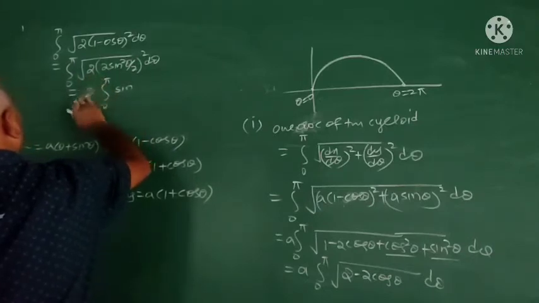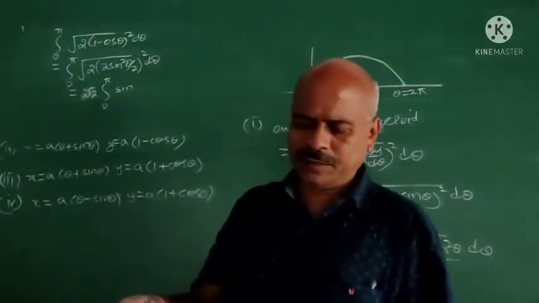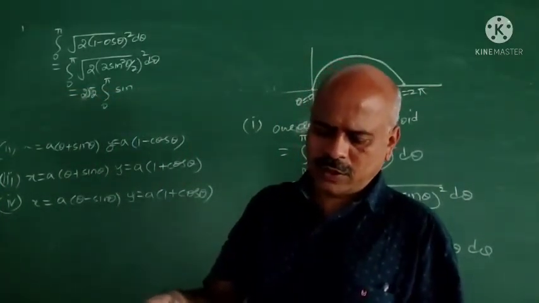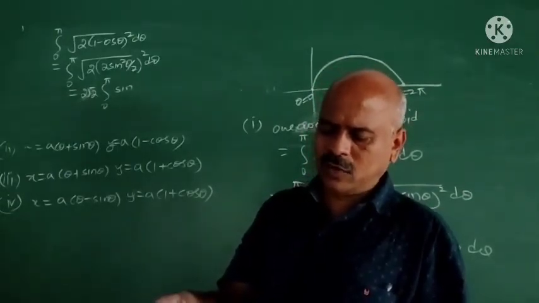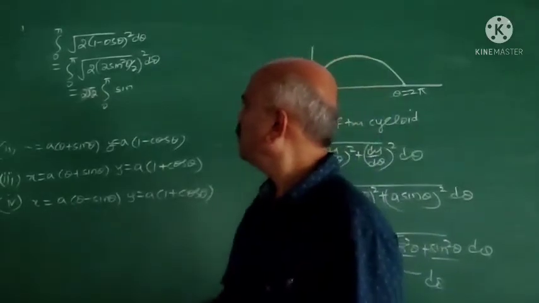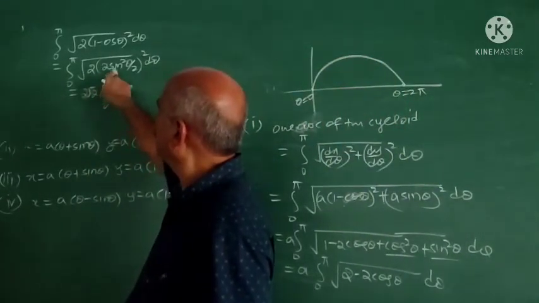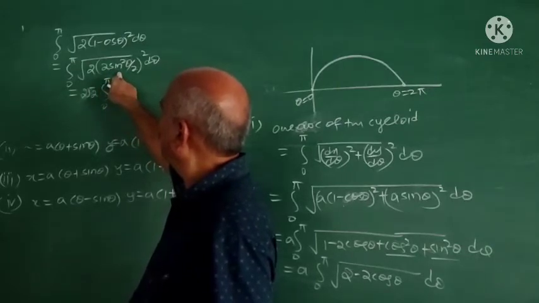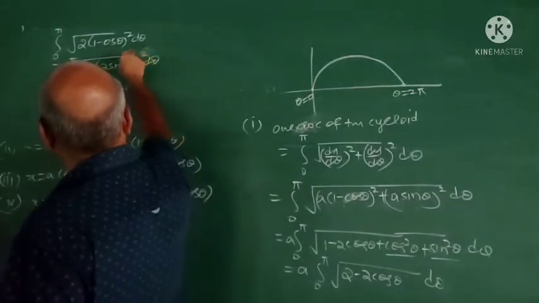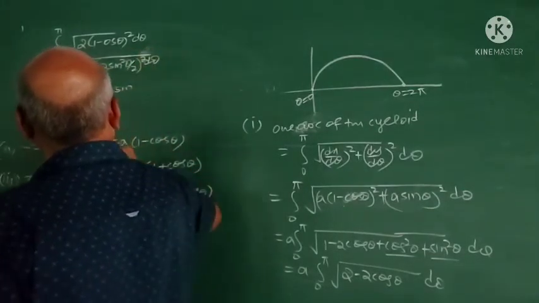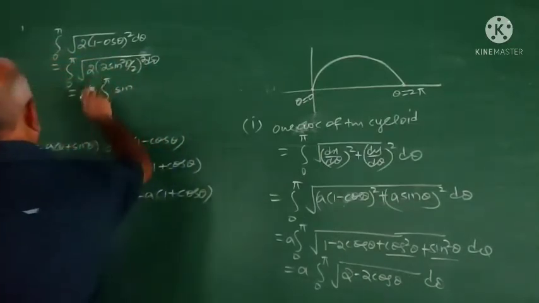So is it 2 root 2 here? Verify this. It is 2 root 2, correct? 2 into (1 minus cos theta) is 2 sin square theta by 2. The whole square, correct? So the root cancels, 2 into 2.